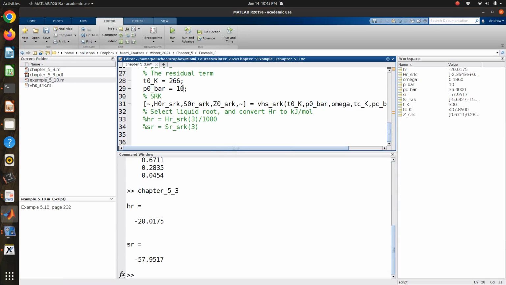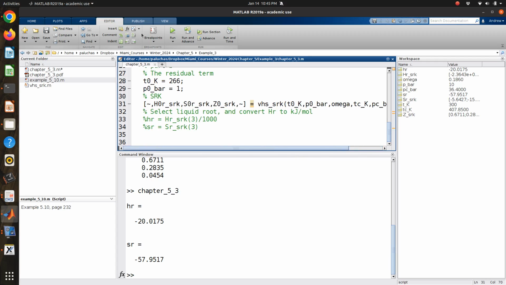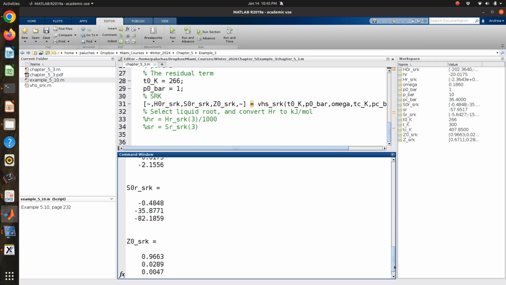and 1 bar. So I'm going to use T naught and P naught now and calculate H naught R and S naught R. I'm going to run it because I should get 3 real roots. I want to confirm that I do. Then I'll update this to choose. Yeah, so I get 3 real roots. So I'm going to make sure I choose the third one. So I'll select the liquid root and convert HR to joules per mole.